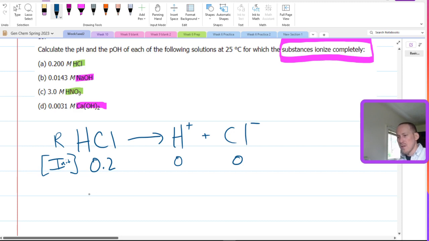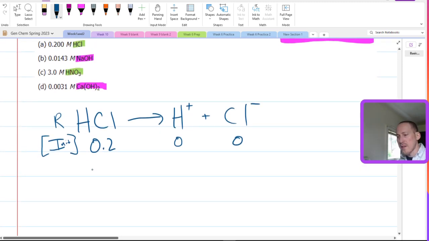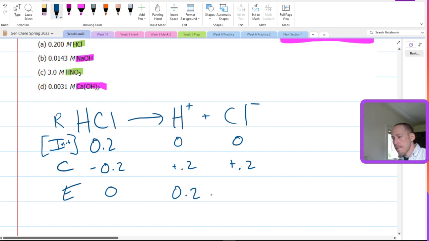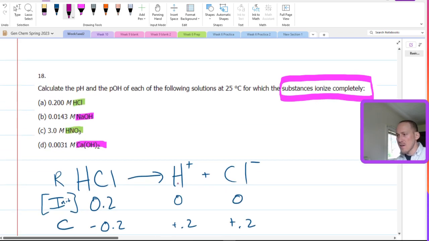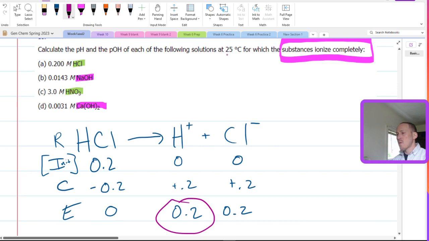And we are told that it completely dissociates. This ice table is actually kind of silly. So our change is all of it. Our equilibrium concentrations are therefore like that. So we can actually kind of stop here because what they're asking us is for the pH and pOH of each of these. And by the way, we're now at that.